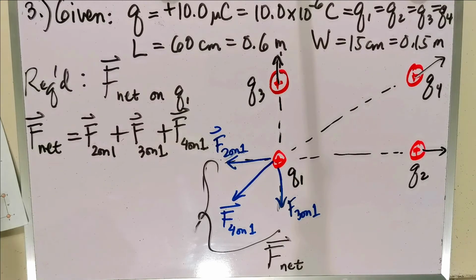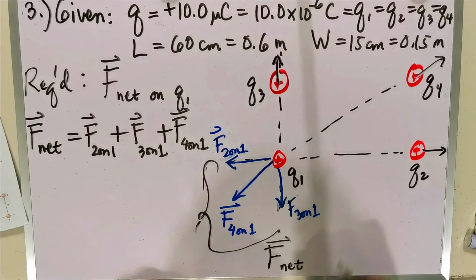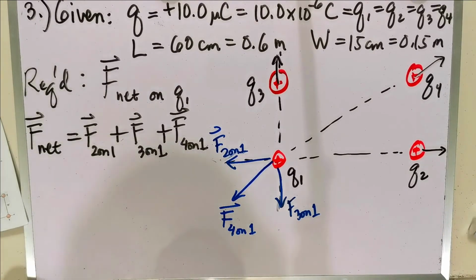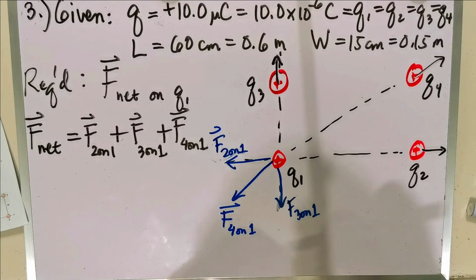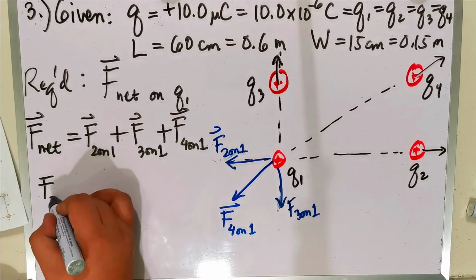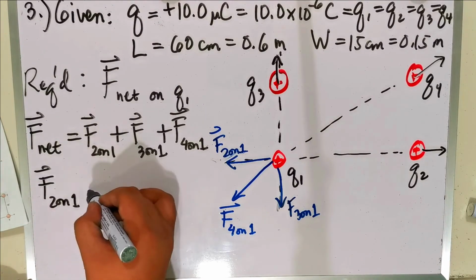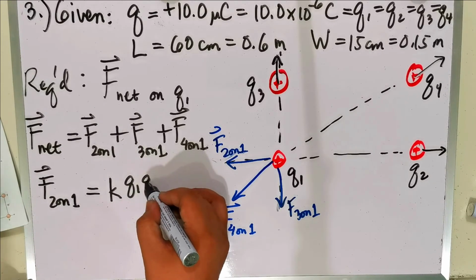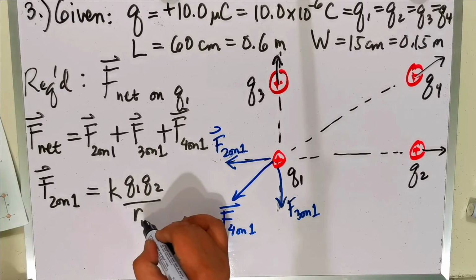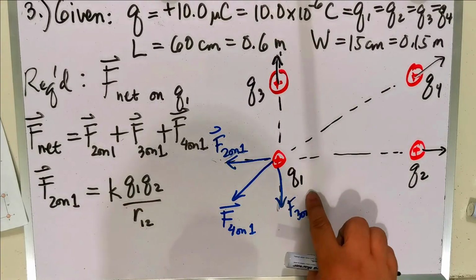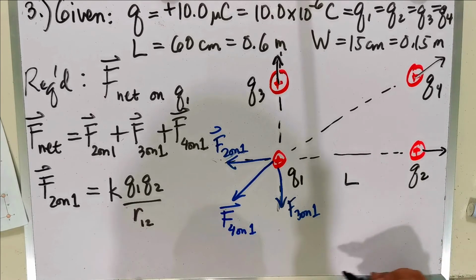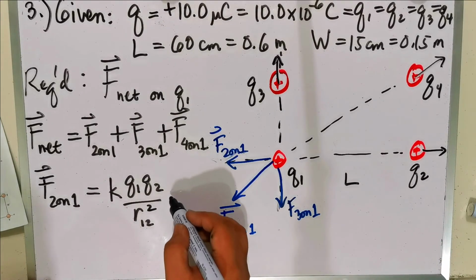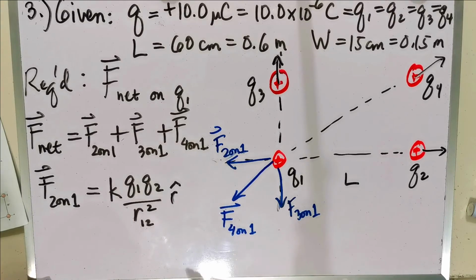For our case, we'll look first at the equation for F2 on 1. F2 on 1 would be k Q1 Q2 over R12 squared, times the unit vector R hat.